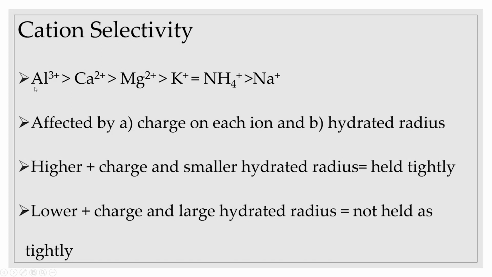So aluminum has a very high charge and a very small hydrated radius. Now, calcium and magnesium both have the same charge, but calcium has a smaller hydrated radius. Therefore, it is adsorbed to the soil greater than magnesium 2 plus.